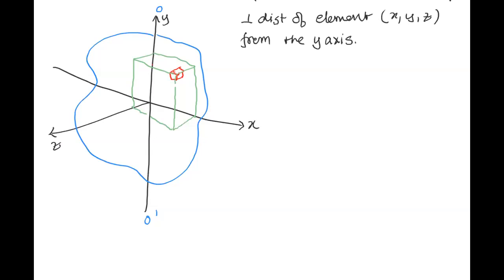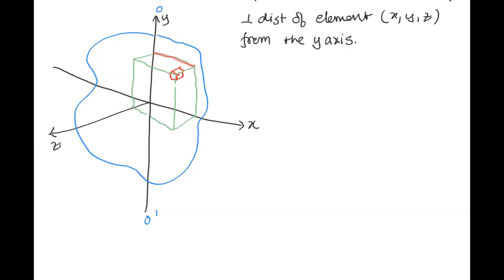What will this be? No, Tulika, because if you say that the answer is x, then this is x, right? This is x. This is not the perpendicular distance of the object from the y-axis. What is the perpendicular distance of the object from the y-axis? Yes, Mitesh, that is the correct answer.